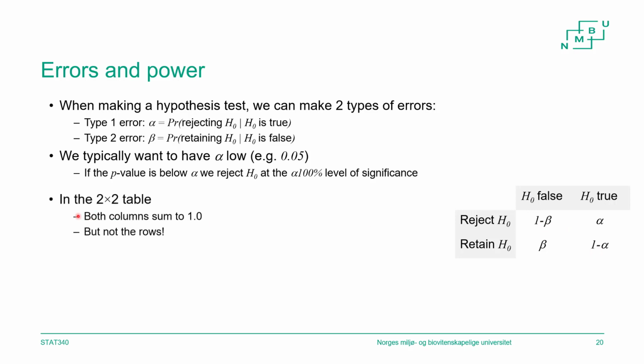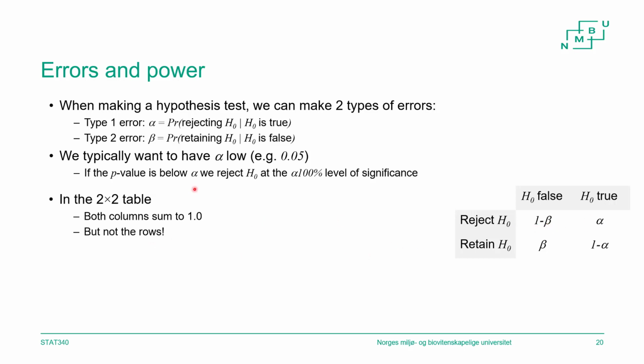The point is, in this table, both columns sum to 1, as you can see, beta and 1 minus beta, alpha and 1 minus alpha, but not the rows. So it is, in theory, possible to have this one very low and at the same time have this one very high, or the opposite.